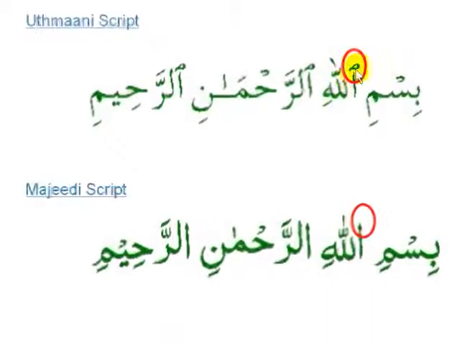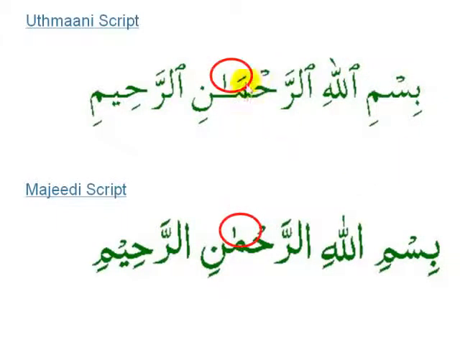Here you'll see this symbol which in the Uthmani script is called a wasla, and here you'll see in the Majidi script they haven't put it in at all. So if you're not used to seeing this, when you go into the Uthmani script you will wonder what this is. You could mistake that for some other markings as well. So that's just a simple example. Also note here we have a single line which is known as the short alif, and before that in the Uthmani script you've also got this other marking known as fatha, which isn't here at all in the Majidi script.